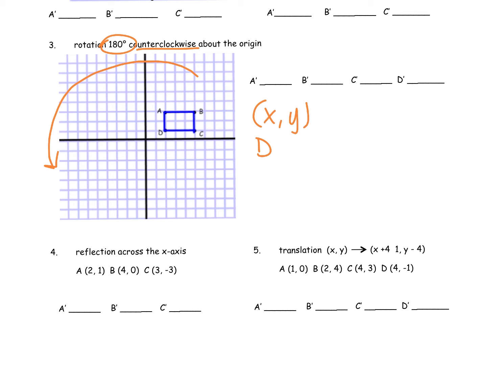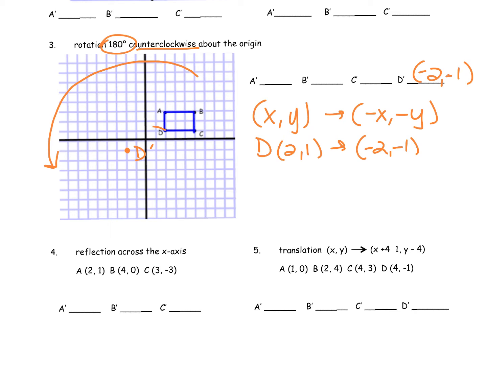I know this rule just says, if I start with x, y, I'm gonna get the opposite of x, opposite of y. So D is currently at the point 2, 1. And so this tells me my new D prime is gonna be at negative 2, negative 1. So I actually figured out this point before I figured out the rotation, just because my brain doesn't always visualize that turn.